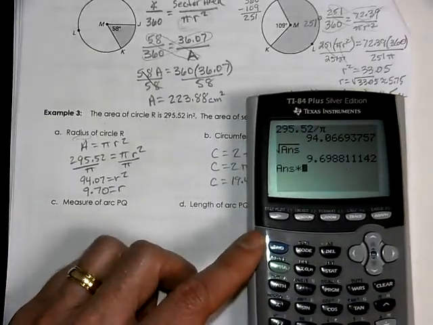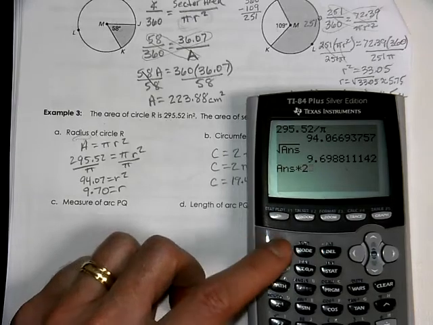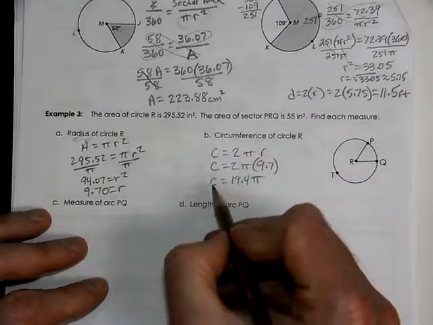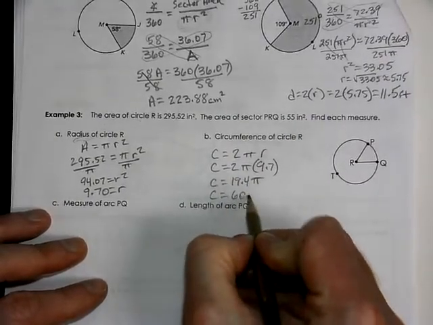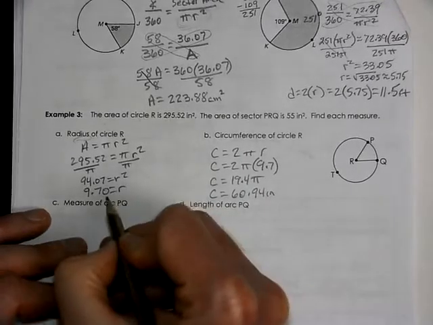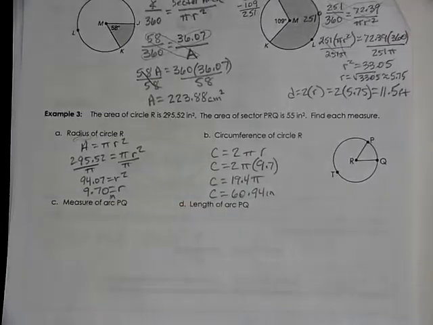We would take our answer, times it by 2 pi, and that would give us 60.94. And again, those are in inches. So this would be inches, not squared, because it's not an area, it's a length.